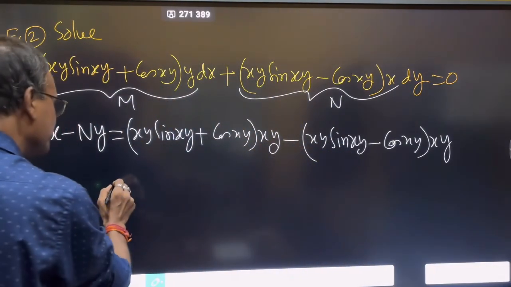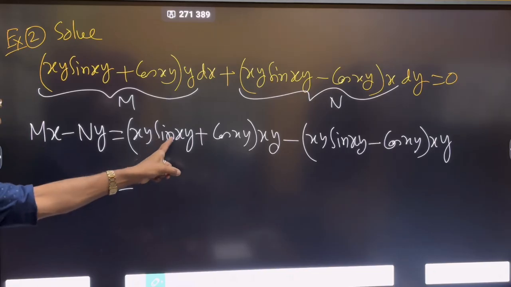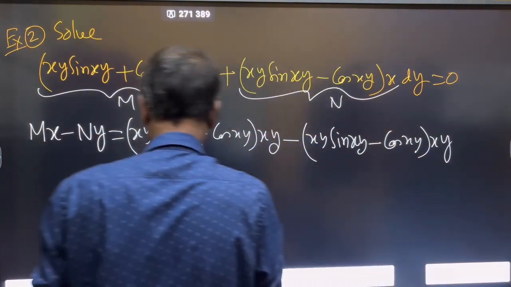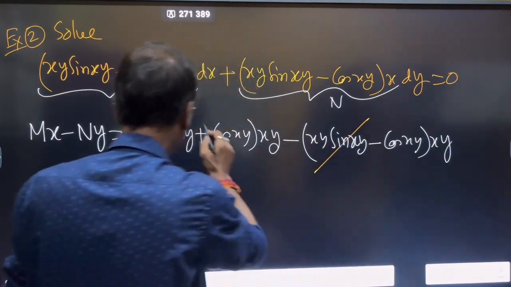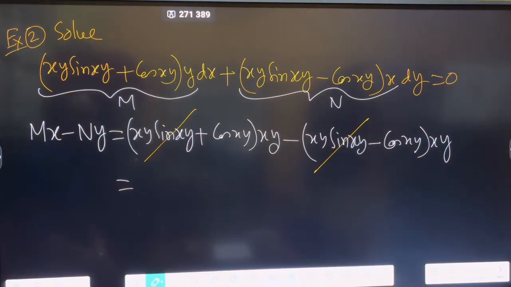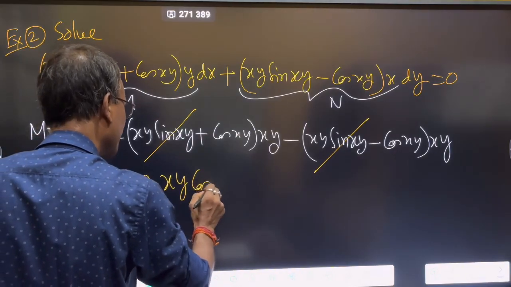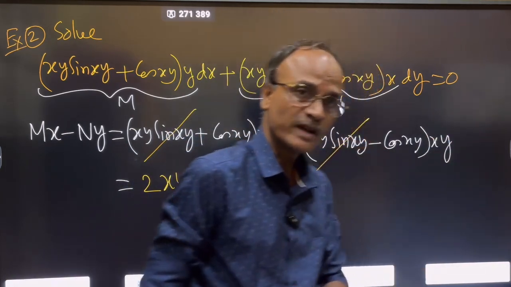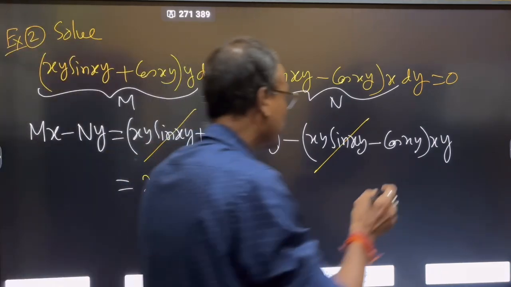This is equal to xy whole squared sin xy minus xy whole squared sin xy. These two terms will be cancelled, and this is equal to twice xy cos xy. You will get xy cos xy plus xy cos xy, twice xy cos xy. Suppose this is number 1.